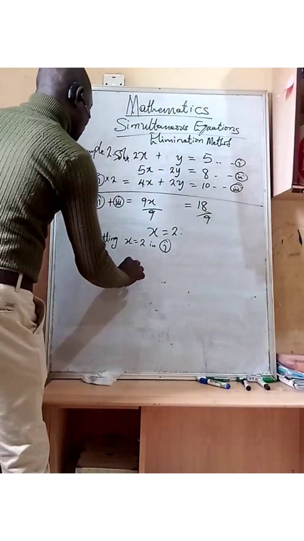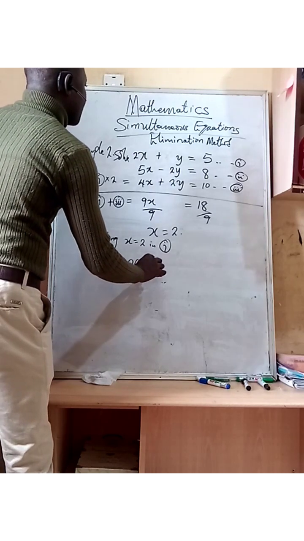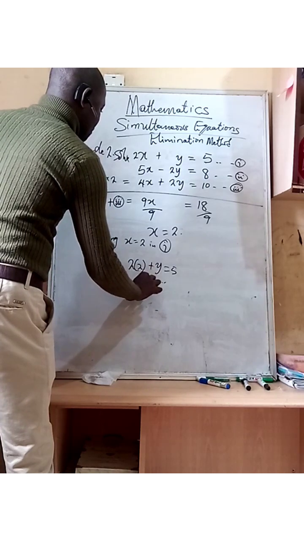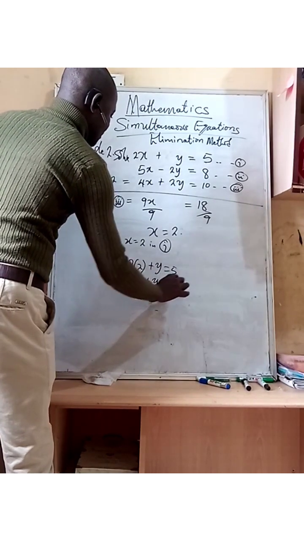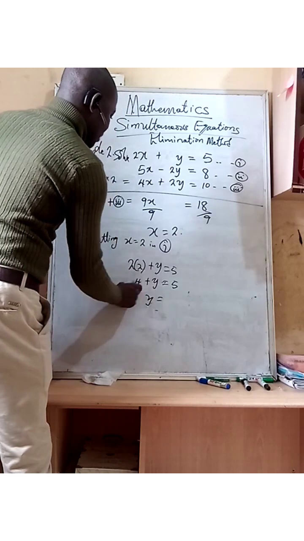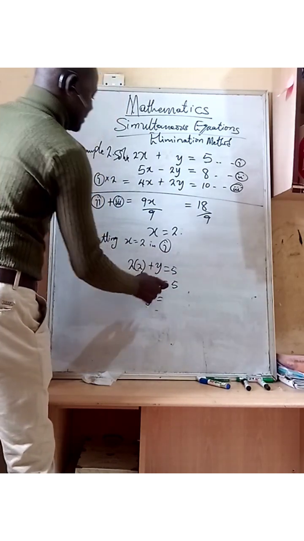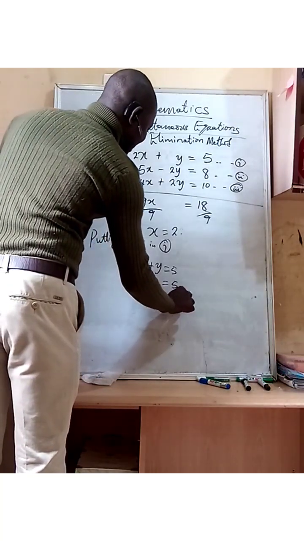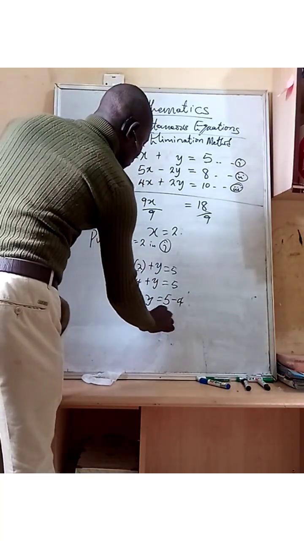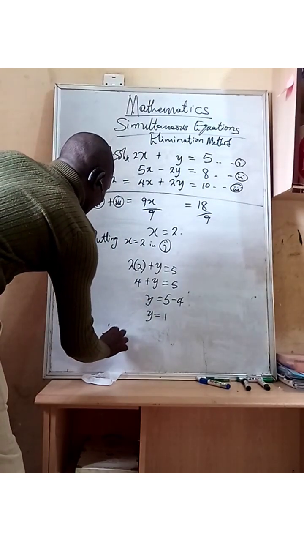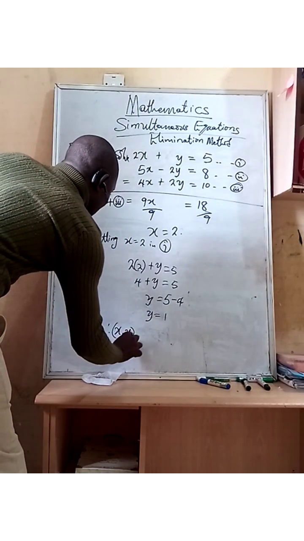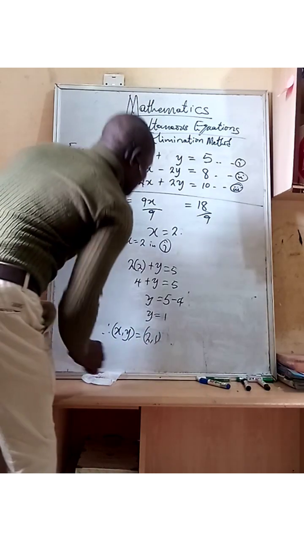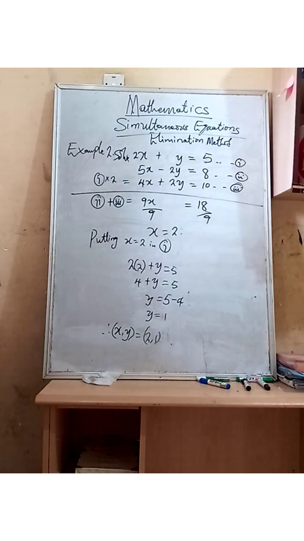So we now say 2 into 2 plus y is equal to 5. 4 plus y is equal to 5. y now is equal to, when this 4 crosses to the other side, in the spirit of collecting like terms, we now have 5 minus 4. So y is equal to 1. Therefore, x comma y is equal to 2 comma 1. And this is how the solutions are presented.